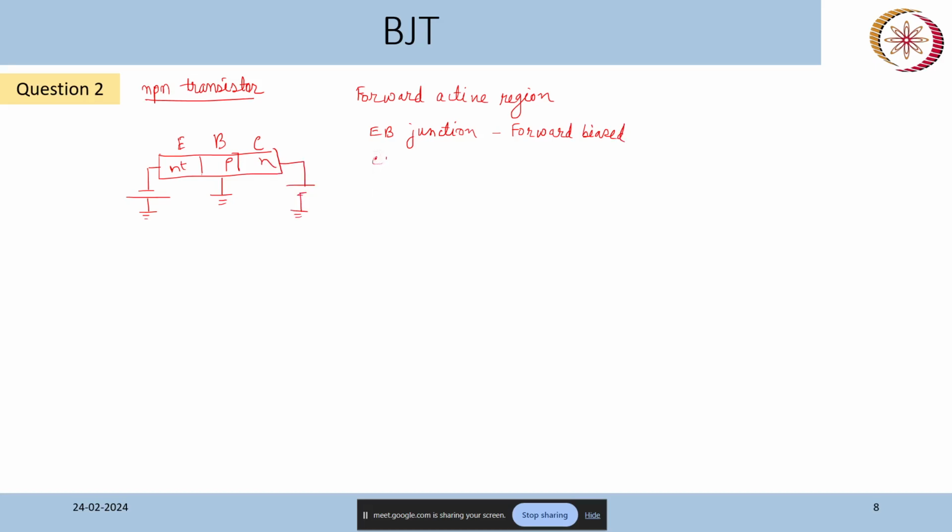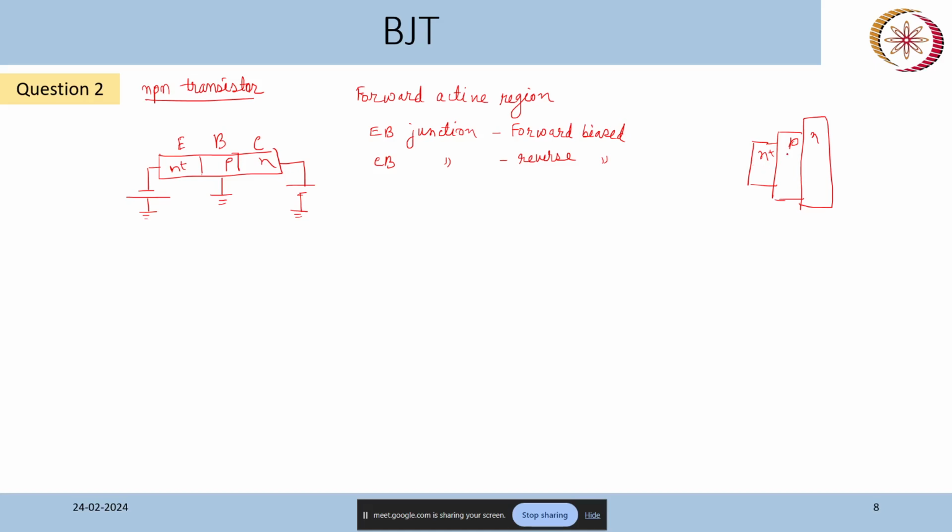And the collector base junction is reverse biased. This is emitter, base and collector. Let's consider it like that.